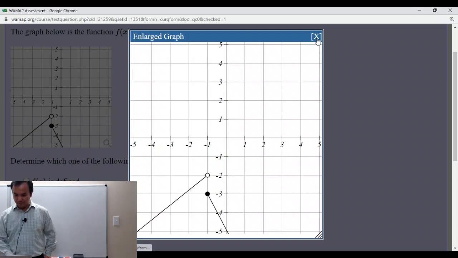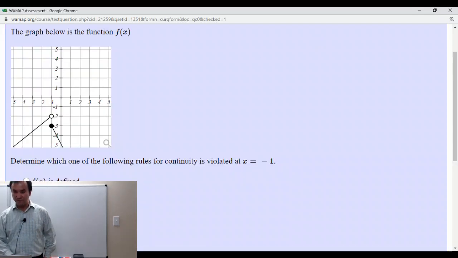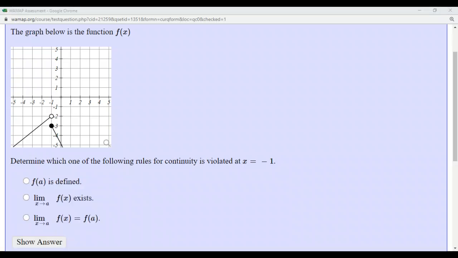Let me put the graph away and completely stay on the problem right here. Then this requirement here fails. The limit of the function when x comes to a, for this particular graph, the limit of f of x exists, but this is a violation because it did not exist.